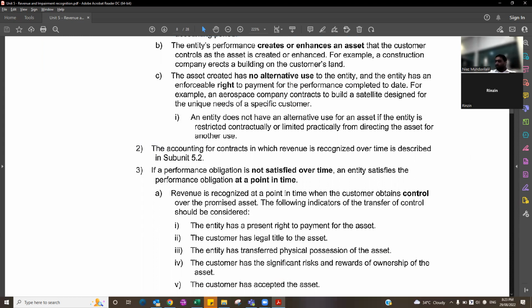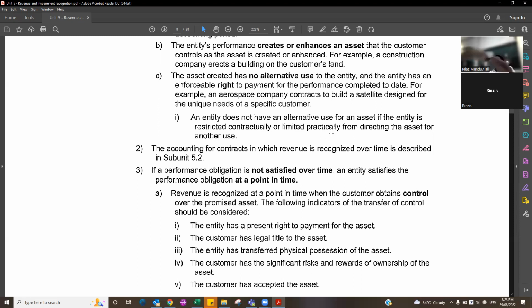An entity does not have an alternative use for an asset if that entity is restricted contractually or limited practically from directing the asset for another use. Sometimes, for example, there are a lot of custom-made satellites and aircraft, especially in defense.